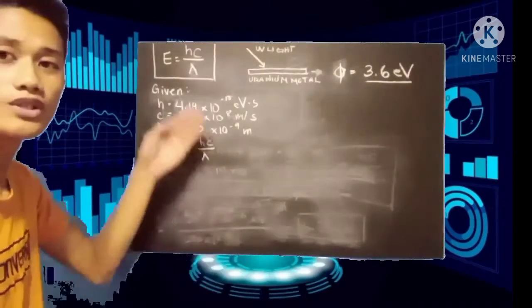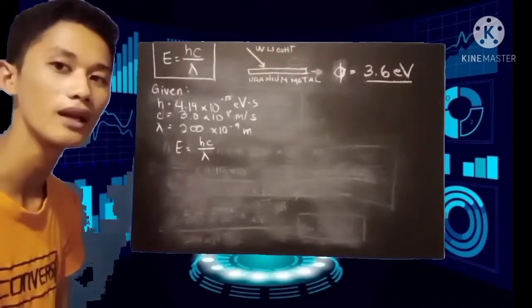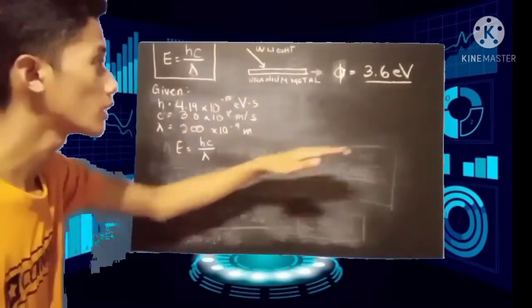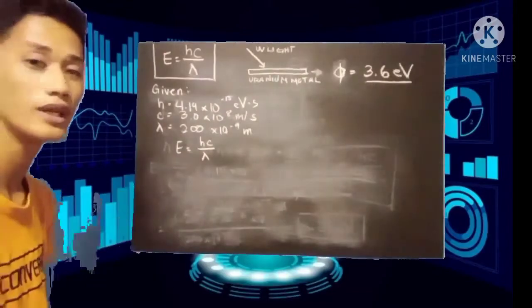So let us use this formula in order to know whether a photoelectric effect will happen if we shoot a UV light onto a uranium metal with a work function of 3.6 electron volts. Let us go first with the given.